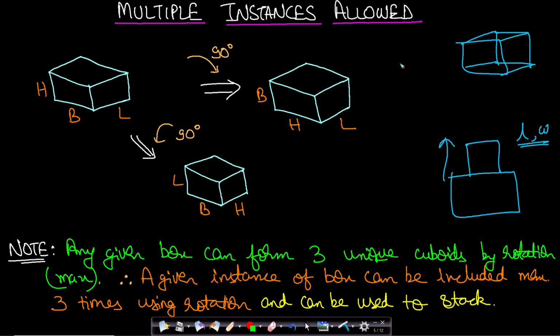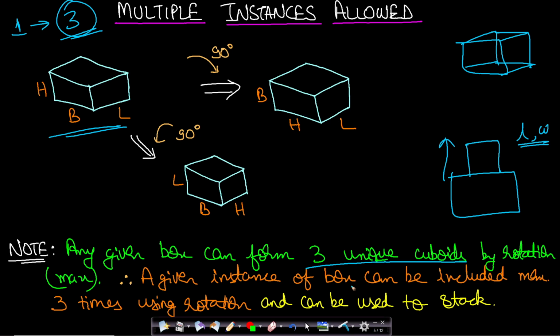And since I have already explained that if you are having a box, then using 2 rotations, you can form 2 other unique boxes, therefore, if you are given a box, then you can form a total of 3 unique boxes. So any given box can form 3 unique cuboids by rotation.